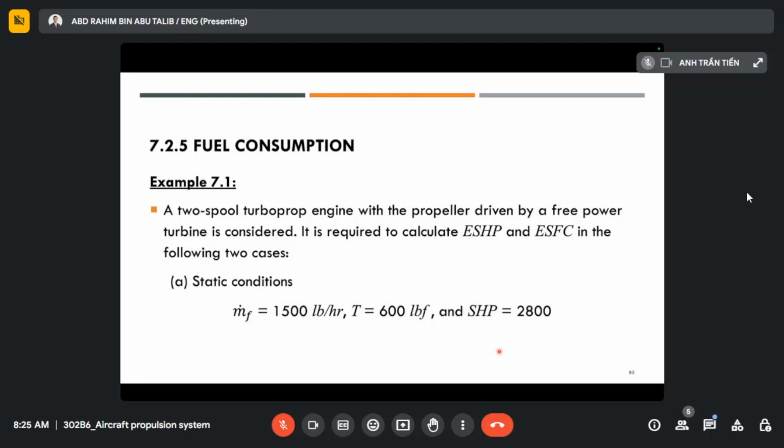Let us go through one example. Okay, since we have time today, we can go into example 7.1. A two-spool turboprop engine.